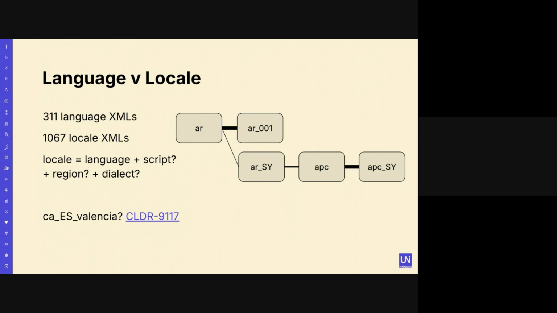So Arabic Syria will only contain the information that is distinctive to Arabic Syria, and for anything else it says to go to the parent. The other distinction is that a vetter cannot vote for stuff in AR-001. They will only vote for Arabic, and AR-001 is just an alias. I think once you start using the survey tool, you see this manifested.